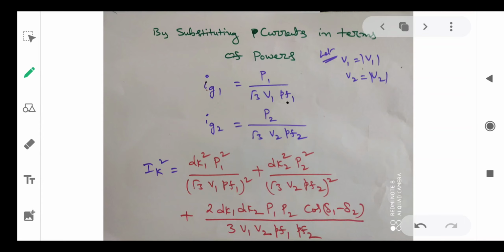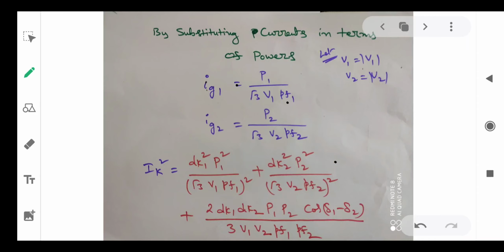Similarly, Ig2 is equal to P2 by root 3 V2 PF2, cos phi 2. So by using Ig1 and Ig2 in terms of P1 and P2, let us substitute in the expression: Ig1 square equals P1 square by (root 3 V1 PF1) square.